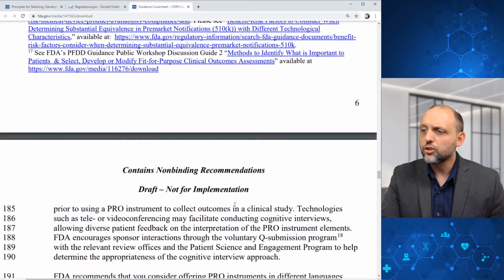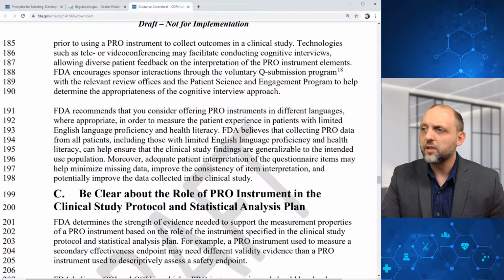These interviews should be conducted prior to using a PRO instrument to collect outcomes in a clinical study. Technologies such as tele or video conferencing may facilitate conducting cognitive interviews, allowing diverse patient feedback on the interpretation of the PRO instrument elements. FDA encourages sponsor interactions through the voluntary Q submission program, and FDA is here to help.